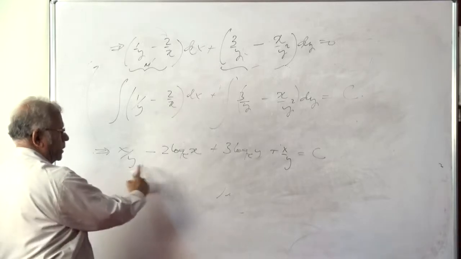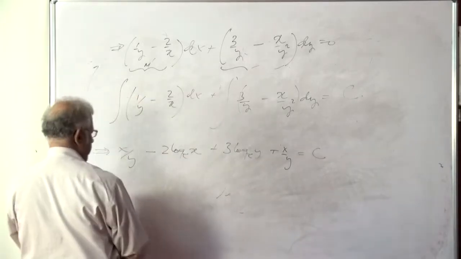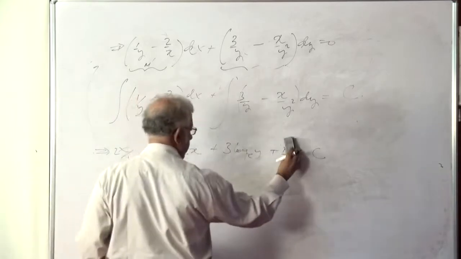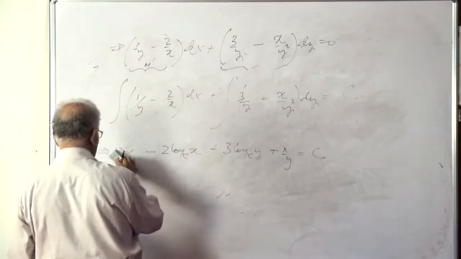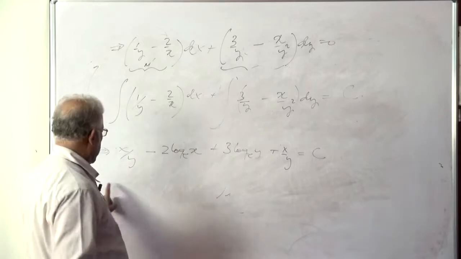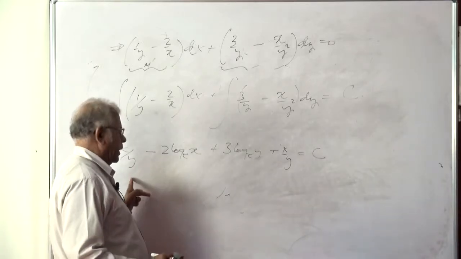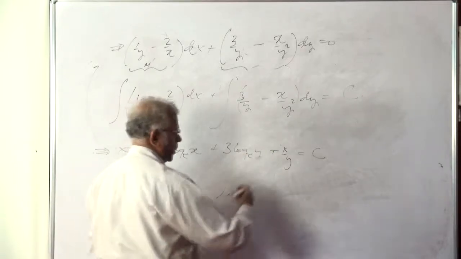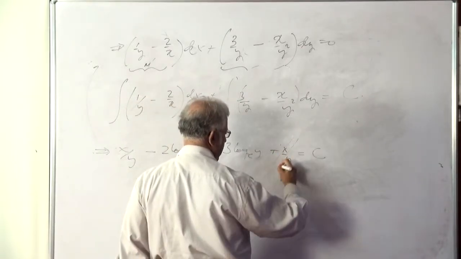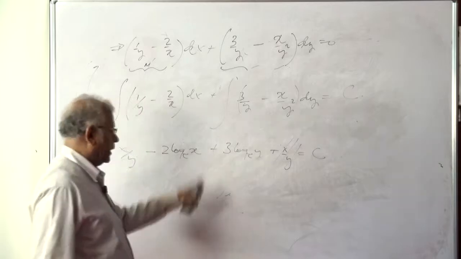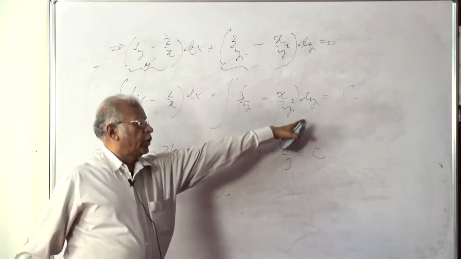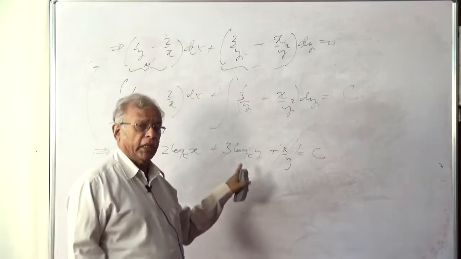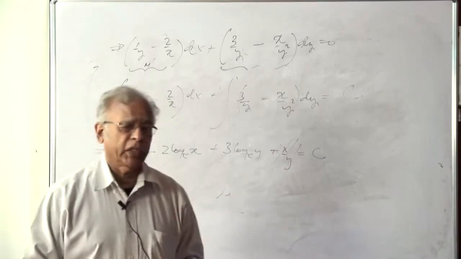In other words, we can combine these two and write 2x over y. No, that's not right. If I have x over y coming here and being repeated here, I must ignore this term and cancel it, not combine it with the first. That is as per rule, because we said we integrate the second one with respect to y, taking care to omit any term in the second integration which has already appeared in the first integration.